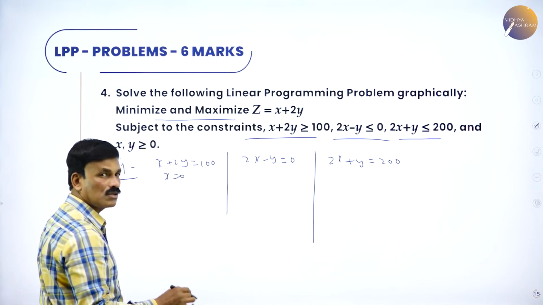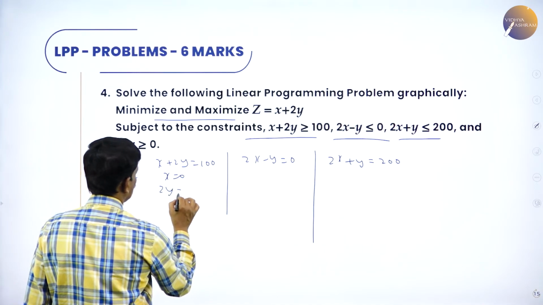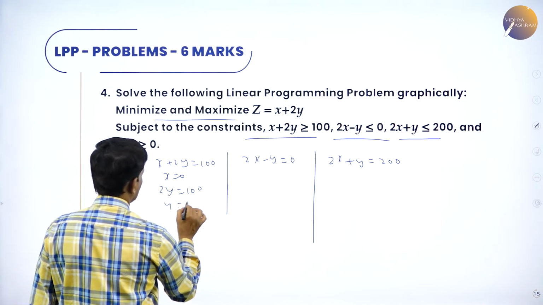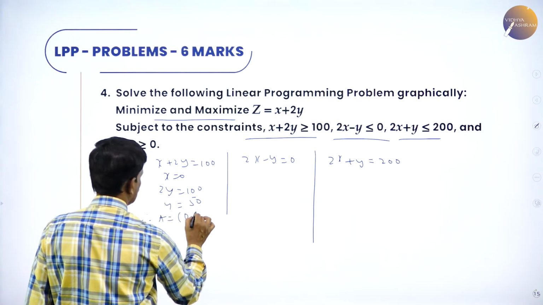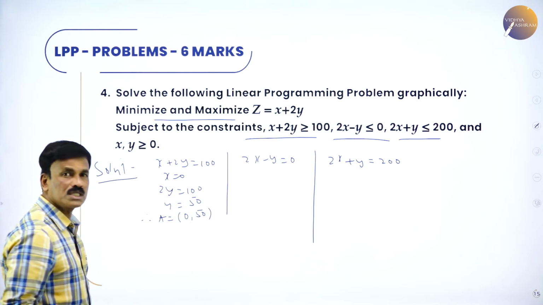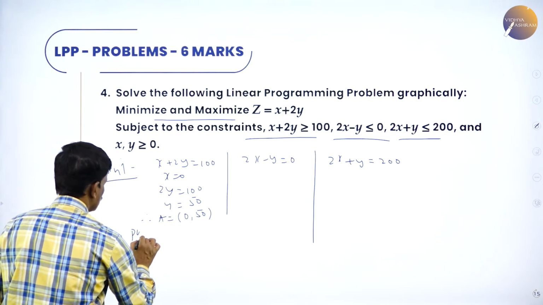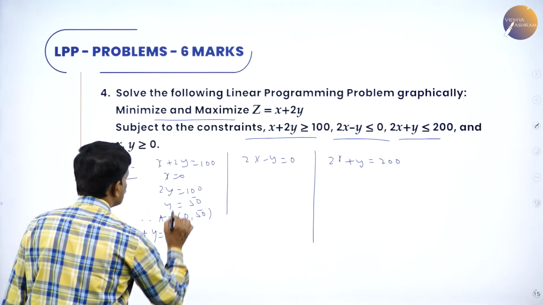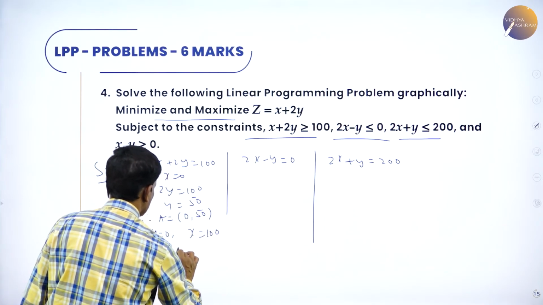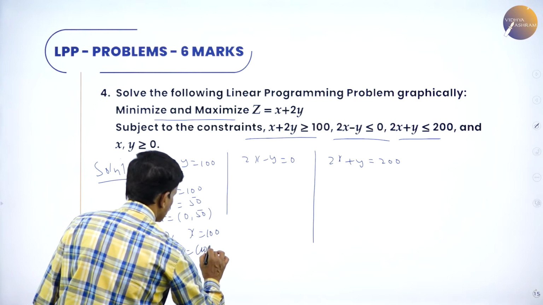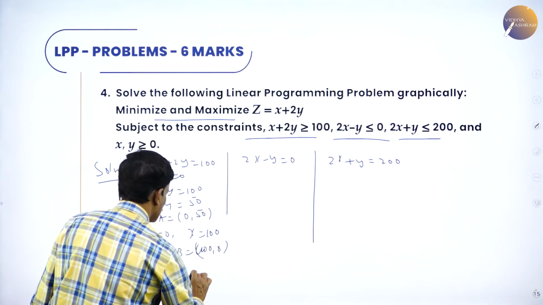Then this becomes 2y is equal to 100, y is equal to 50. Therefore the first point A is 0, 50. Similarly, put y is equal to 0, then x is equal to 100. So the point B is 100, 0.